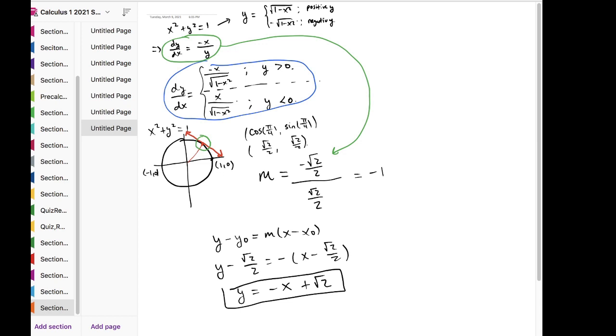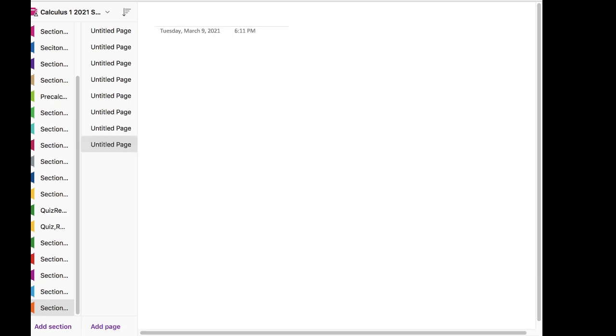Okay, so let's do another circle. Anyone remember the equation of a general circle?